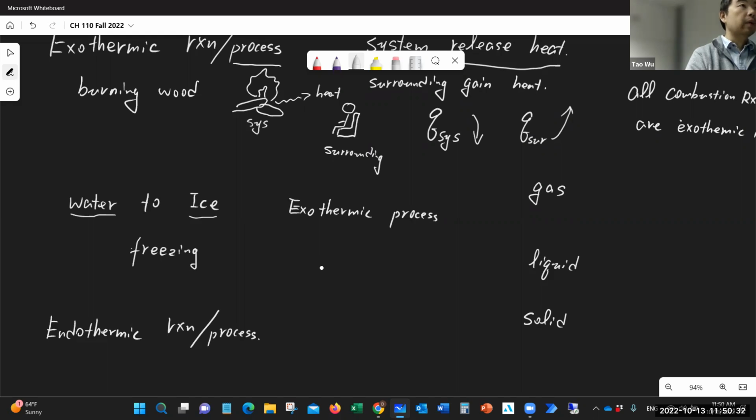The gas always has a higher temperature than liquid, and liquid always has a higher temperature than solid, just like water vapor, water, and ice. So the gas molecules always have higher energy than the liquid state, and the liquid always has higher energy than the solid. So from the top state to the bottom state, it is always an exothermic process.